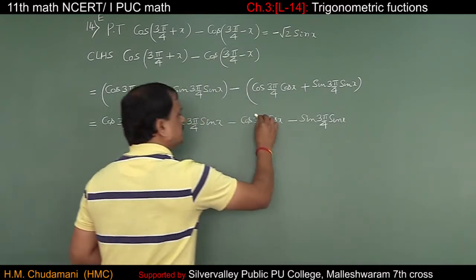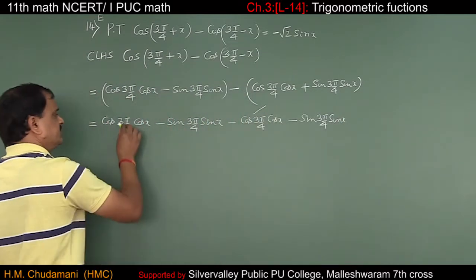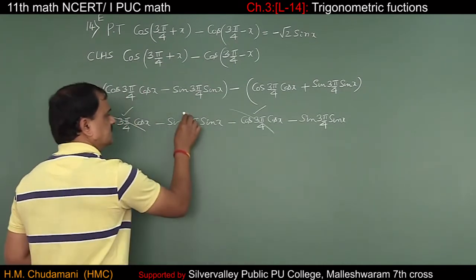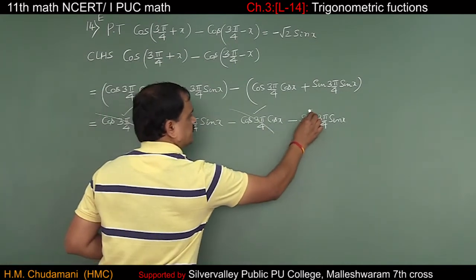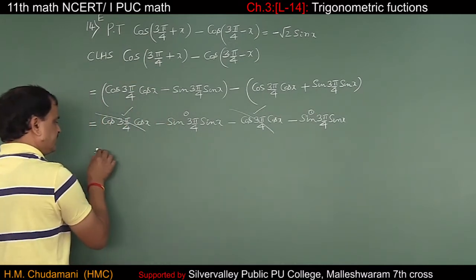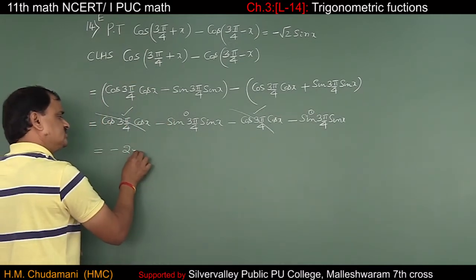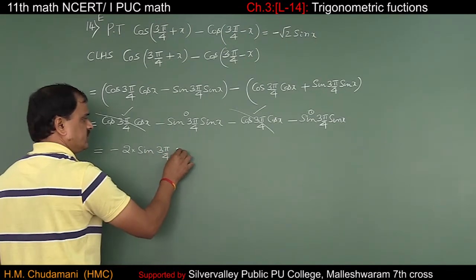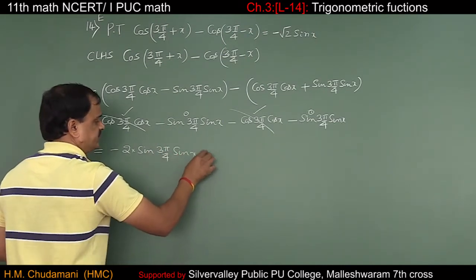Now observe, this is minus, this is plus. These two get cancelled. This plus this, that is minus 2 times sin 3 pi by 4 into sin x.